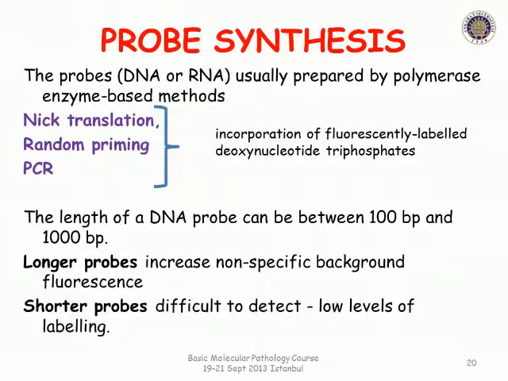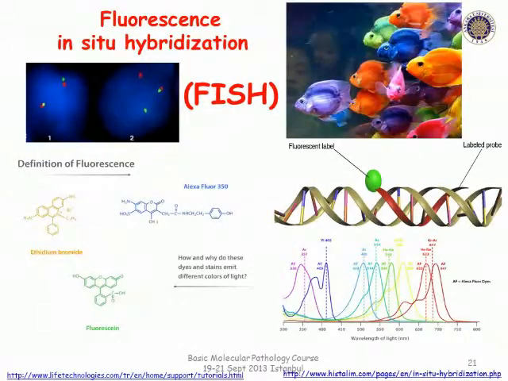Shorter probes can be difficult to detect if the signals are at low levels and the target is at low levels, then the labeling can be very low. So we have to pay attention to what we would like to see and which products we have to use.